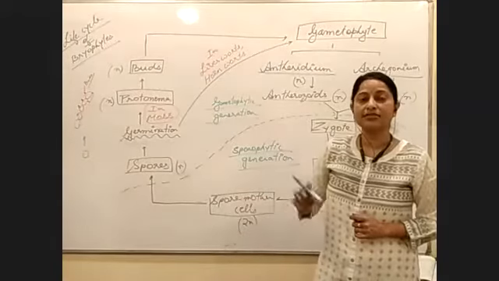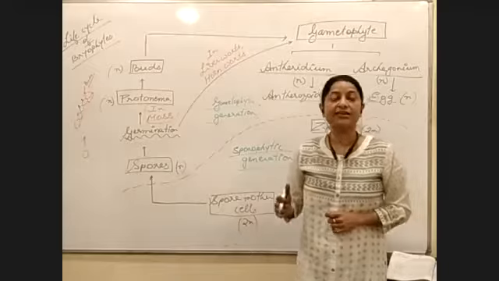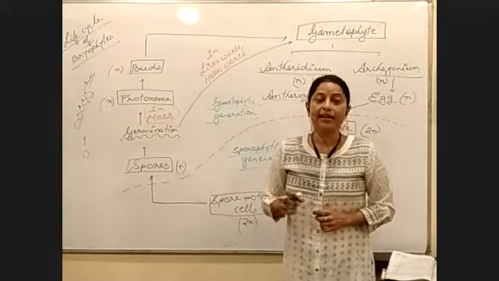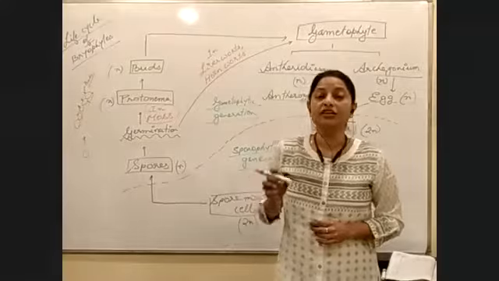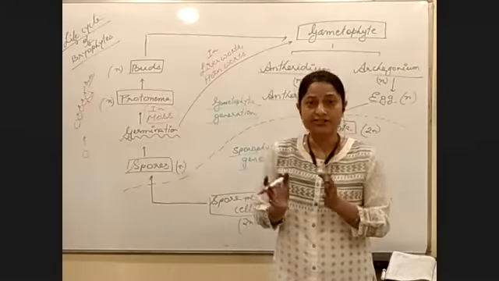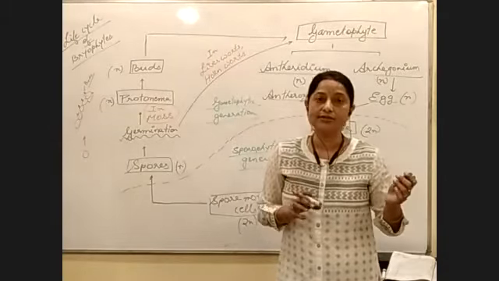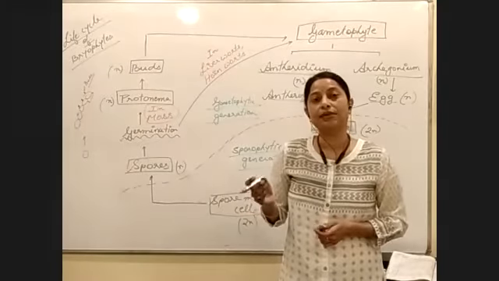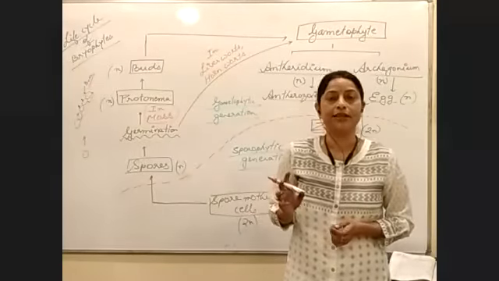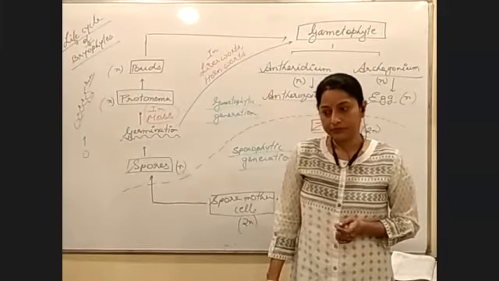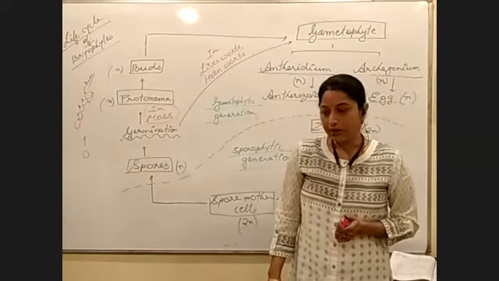So this is what was direct and indirect germination. In direct germination, the spore directly germinated into the gametophyte. In indirect germination, the spore produced a structure called protonema, protonema formed buds, and the buds would germinate to form the gametophyte. Is the concept clear? Yes, ma'am. Okay.